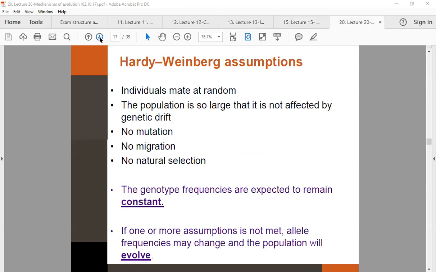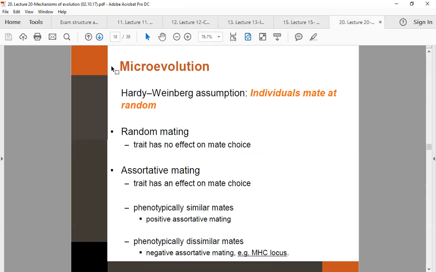So let's just look at one example of a deviation from a Hardy-Weinberg assumption. Here's one of the assumptions, and that is that individuals mate at random. This is what would occur in this hypothetical population.